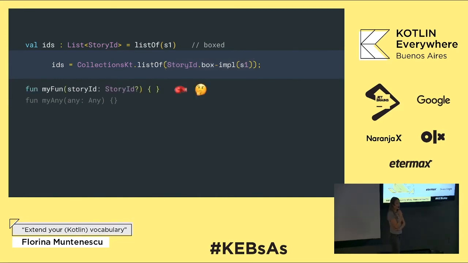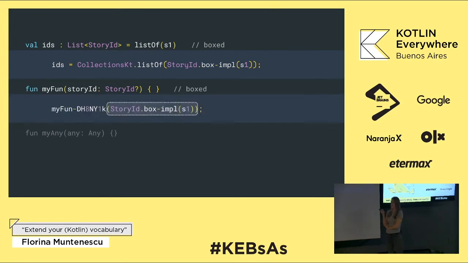OK. Next one. Let's say that we pass a nullable StoryID. Auto-boxed? OK, I hear some yeses. Yes, because it's nullable, so it will be treated as an object. OK. Last one. Any. Auto-boxed?